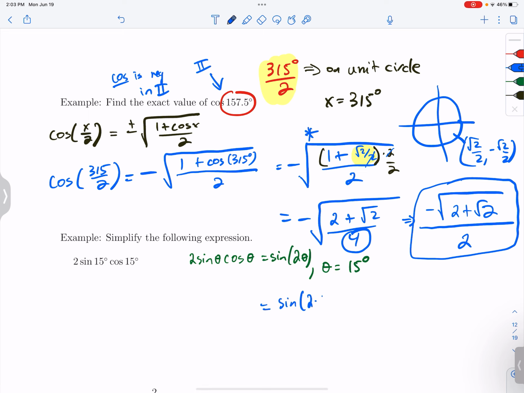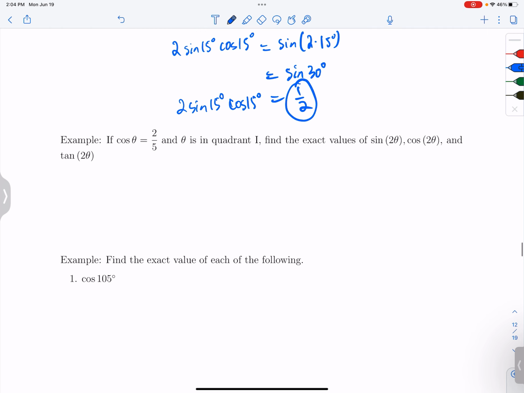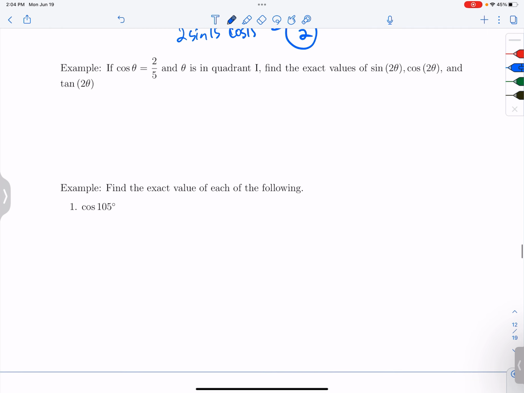Next up, if cosine of theta is equal to 2/5, and theta is in quadrant 1, find the exact values of sine of 2 theta, cosine of 2 theta, and tangent of 2 theta. Okay, so how do we do this one? One thing I like to always do is see if I can get a diagram of this. So theta is in quadrant 1.